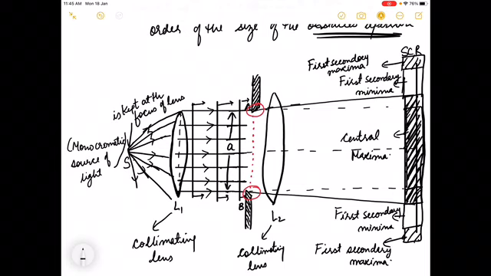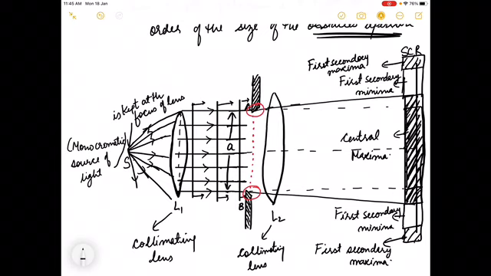So the pattern is somewhat like that. At the center we are going to see a huge bright spot, more than what we expected. On the other two sides we will see alternate dark and bright fringes, and as we move forward, the intensities of the bright spots keep on reducing.